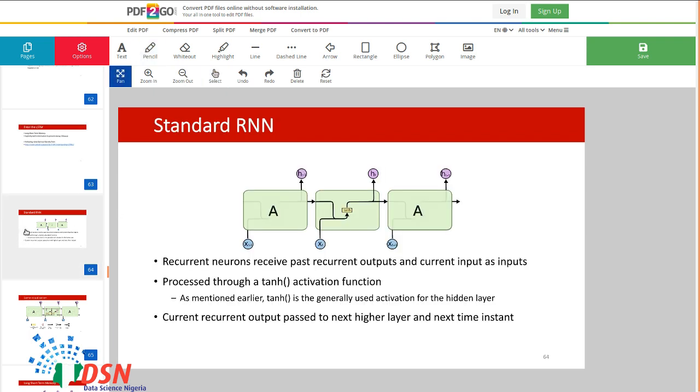So let's jump into them. In a standard RNN, or vanilla RNN, we have this kind of block diagram for determining the hidden state. We have the input and the previous hidden state, and we apply some weight matrices to these inputs, and then we apply tanh to get the new hidden state.